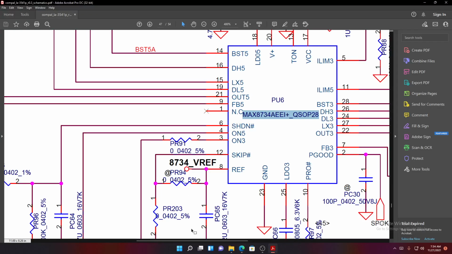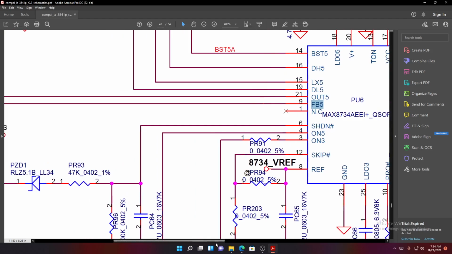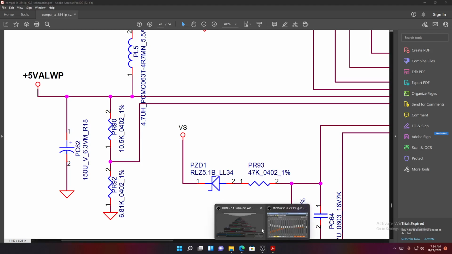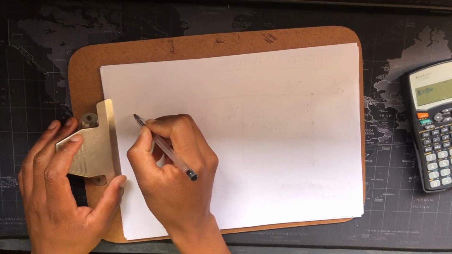Okay, my question is again: on pin number 9, what volts should we have there, since we have a voltage divider? Number 9. Okay, let's draw this voltage divider. Okay, there we have something like this.